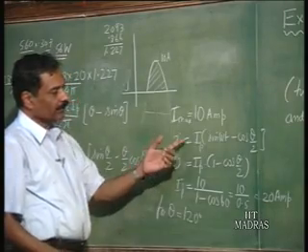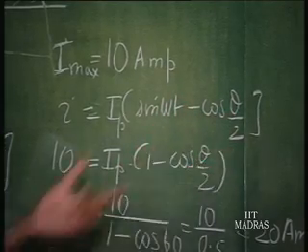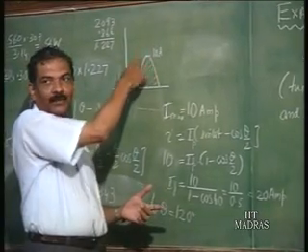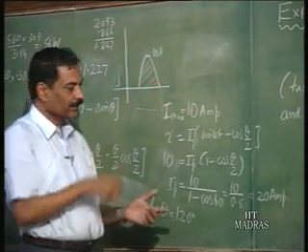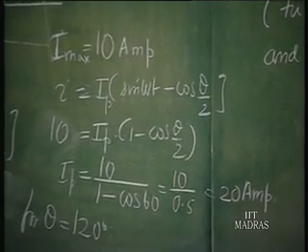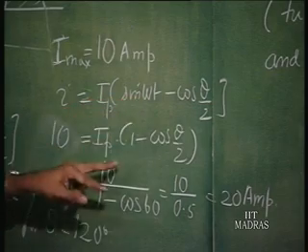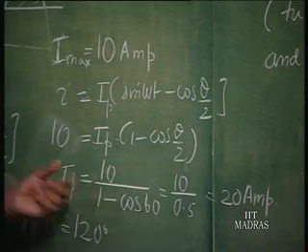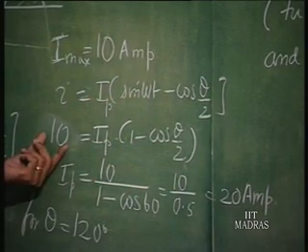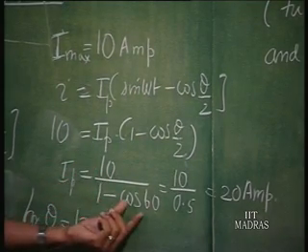So, I is equal to IP sin omega t minus cos theta by 2 is the definition of the time waveform of the current. And therefore, maximum occurs at this point, it is IP, this is happening when this is equal to 1 minus cos theta by 2 is equal to 10 amperes, that is fixed. So, IP will be 10 by 1 minus cos theta by 2.